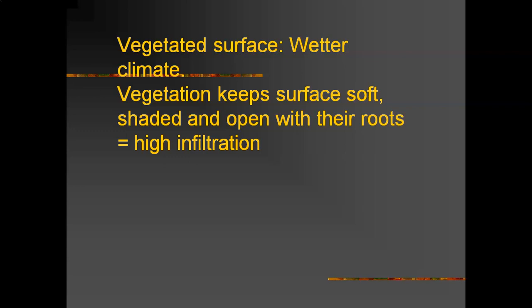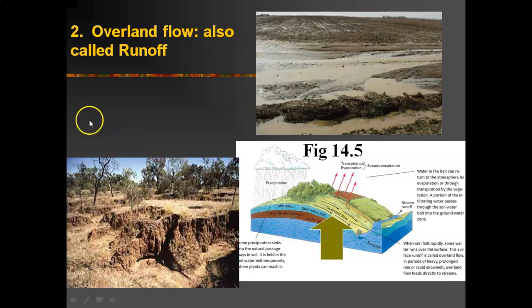And all of the vegetation has roots, and so that's going to help keep the soil surface and the pathways open. So in general, you're going to have much better conditions for the rainwater to seep in, and you'll have better infiltration when you have a vegetated, protected surface.